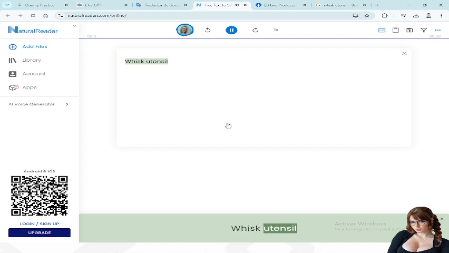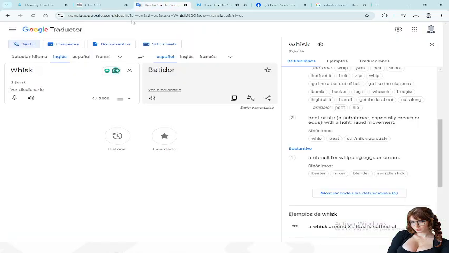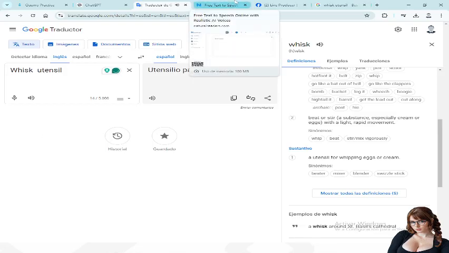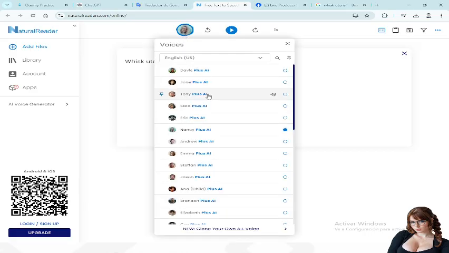Whisk utensil. We have different tones of voice. Remember that you can change the pronunciation or the tone of voice with a different person if we want in that option.